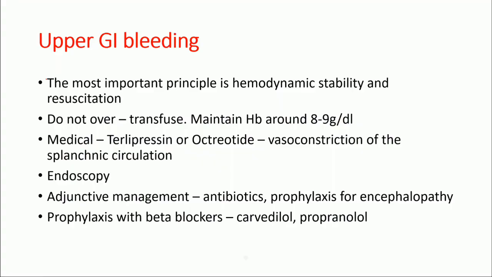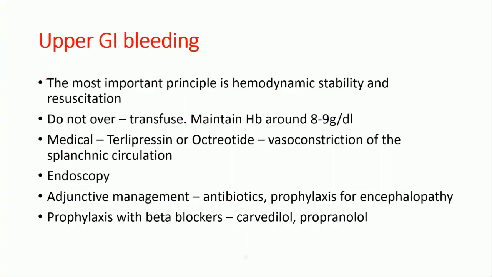The only instance where you give FFP in asymptomatic patients for INR correction is if you want to do some invasive procedure. If they are undergoing some sort of invasive procedure or surgery, then you would correct an asymptomatic INR, but there is no other reason why you should give FFP for asymptomatic INR correction.